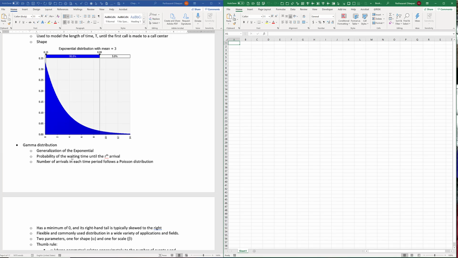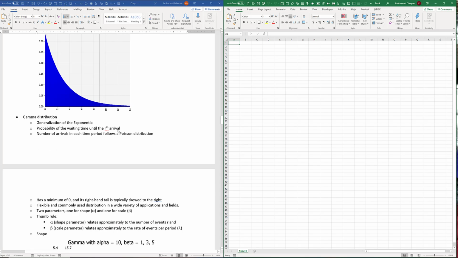So that would be a generalized exponential, or gamma distribution. And in the case of exponential, the number of arrivals follows a Poisson distribution. In gamma also, the individual arrivals will follow a Poisson distribution, and the time between one arrival and a given number of arrivals will be a gamma distribution.